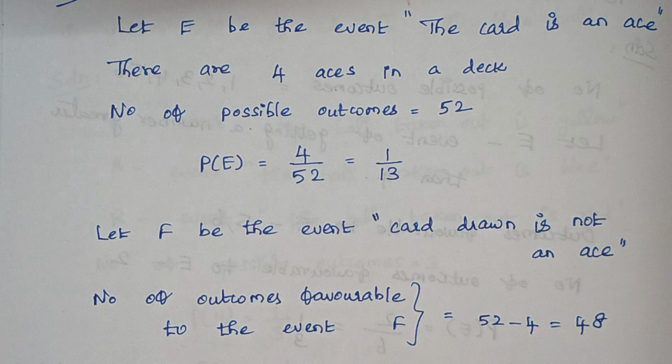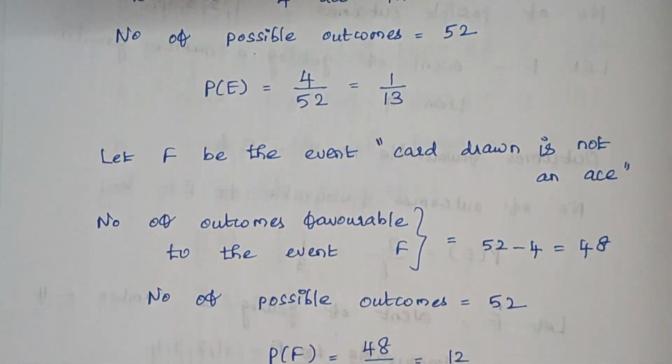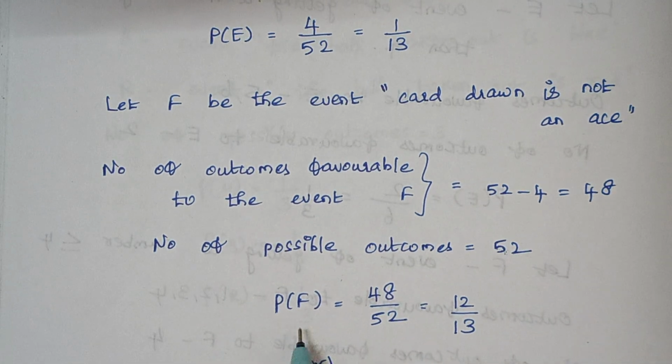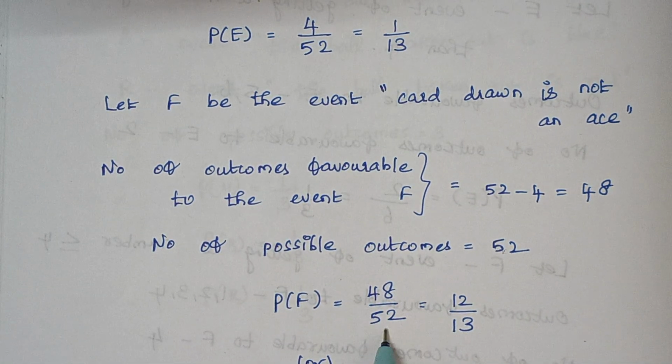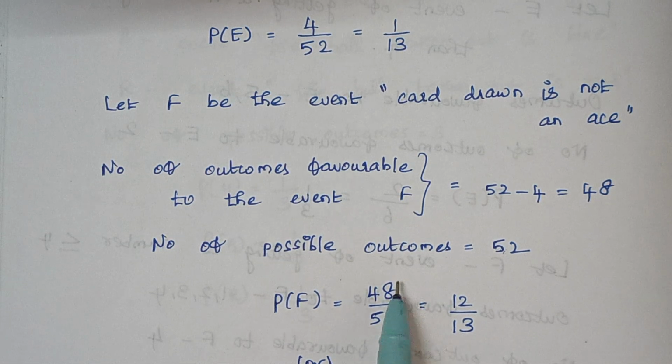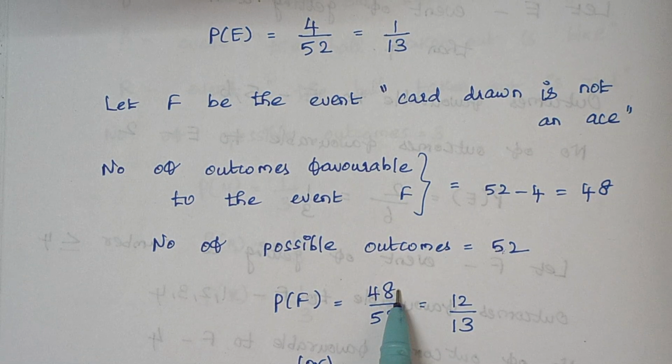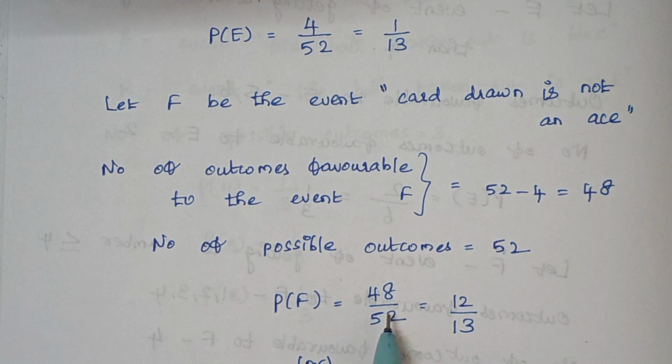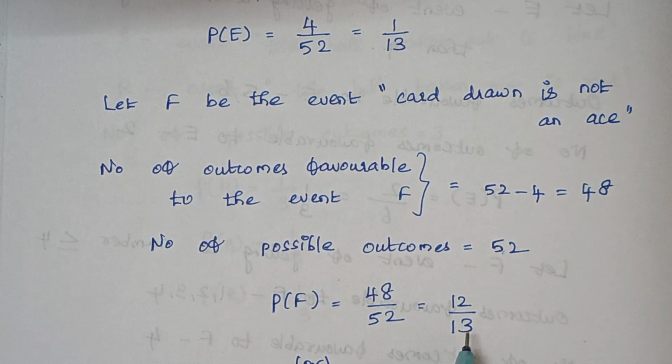So out of 52 cards there are 48 non-ace cards. So what is the probability ratio? So here the P of F is nothing but 48 by 52. So here 52 is the number of possible outcomes and 48 stands for the cards that are not ace. So once you cancel here the answer is 12 by 13.